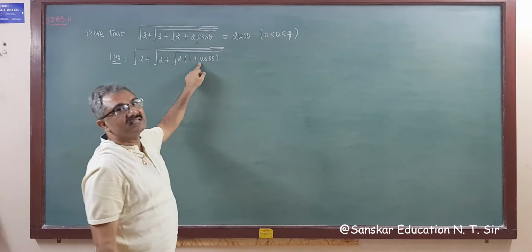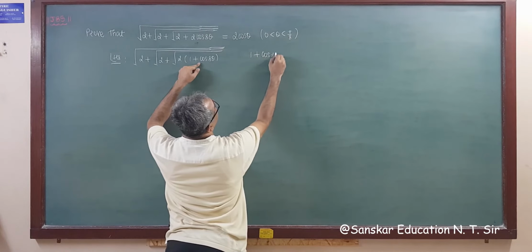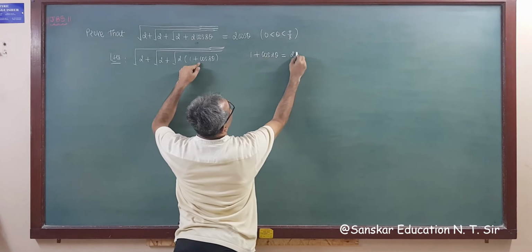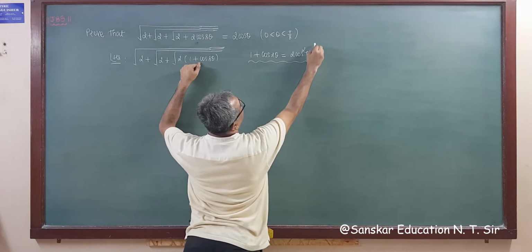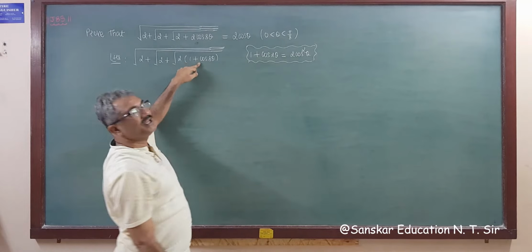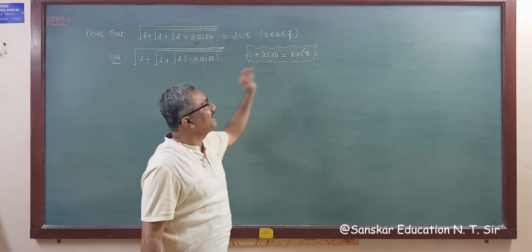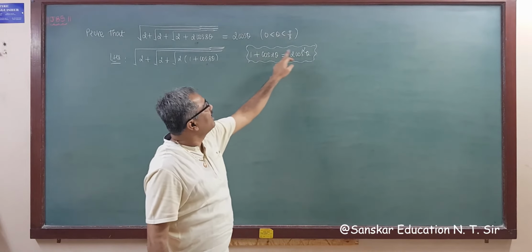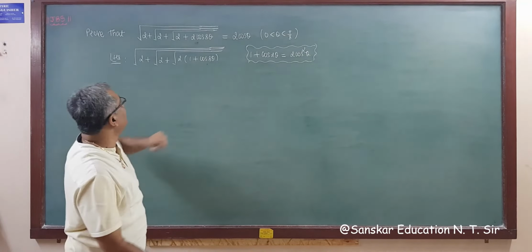Now 1 plus cos 2 theta formula, 1 plus cos 2 theta is 2 cos square theta. This is the formula we have to apply. The theta becomes half, so divide by 2. This becomes 2 cos square 4 theta.